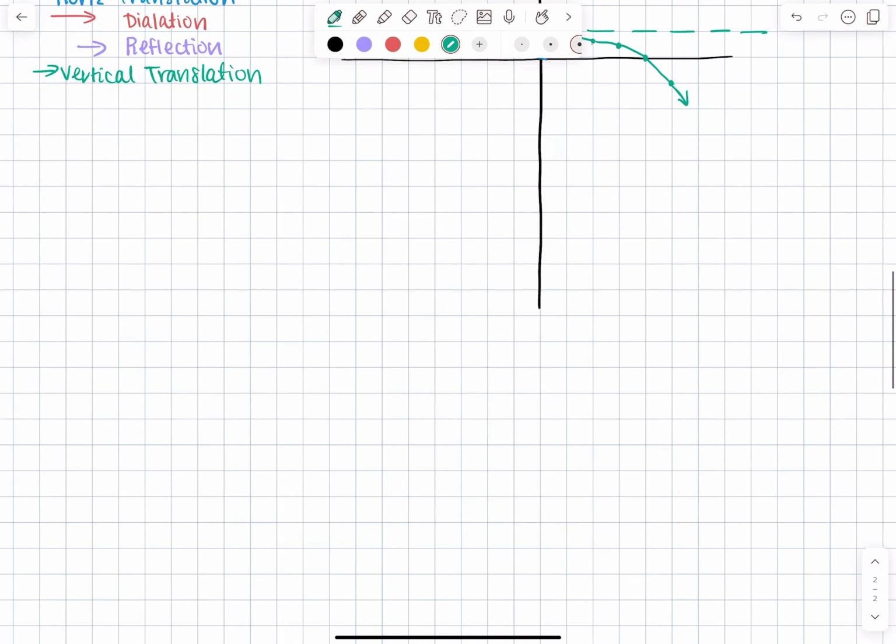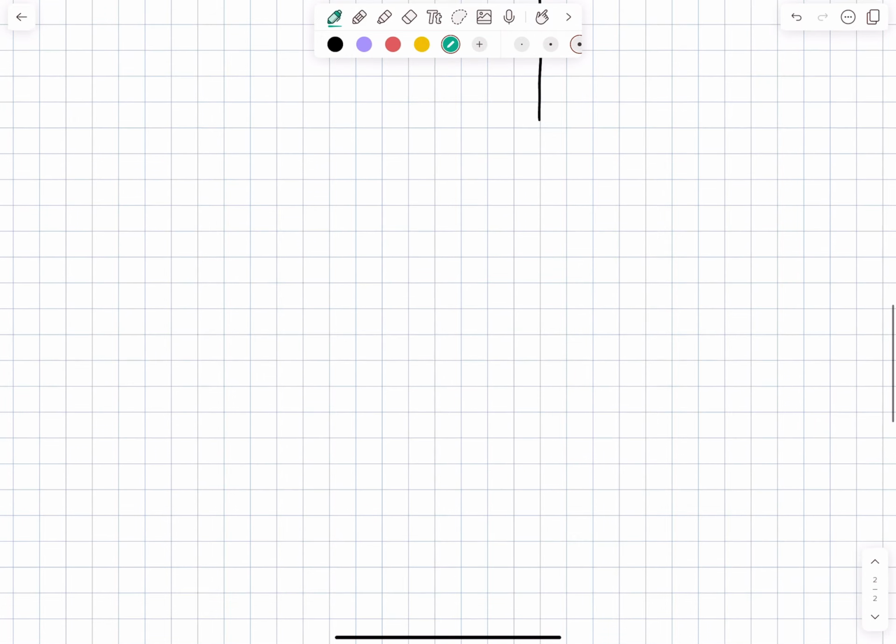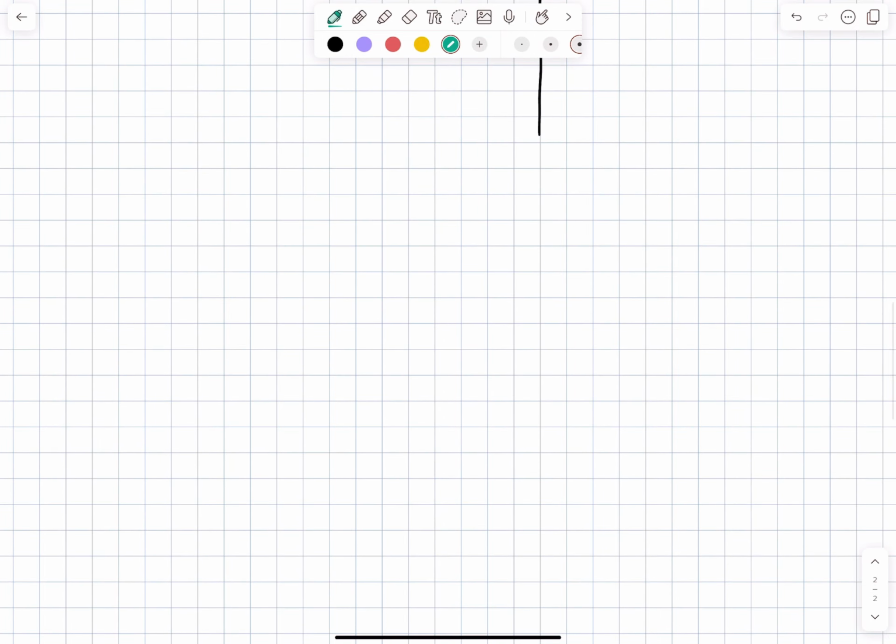Okay, so let's look at one final example. In this example, I'm not going to be doing the multiple graphs. I'm going to be using the table. So this might help a lot of people who don't have much time on quizzes or tests, or just want to get their homework done quickly.